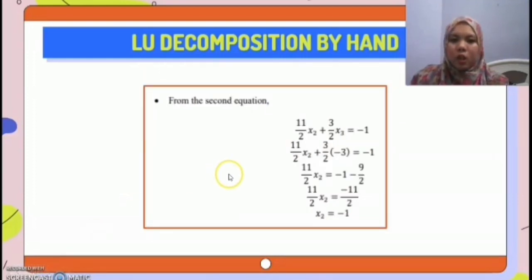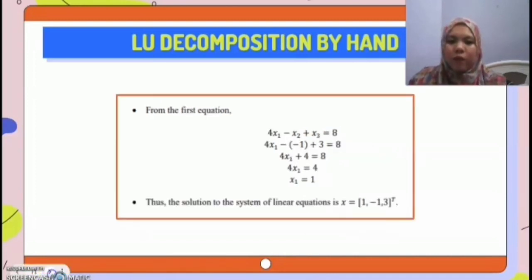From the second equation, 11 over 2 x2 plus 3 over 2 x3 equal to negative 1. We substitute the value of x3 that we have obtained, and eventually we get the value of x2, which is negative 1. As we have the values of x2 and x3, we can simply get x1.